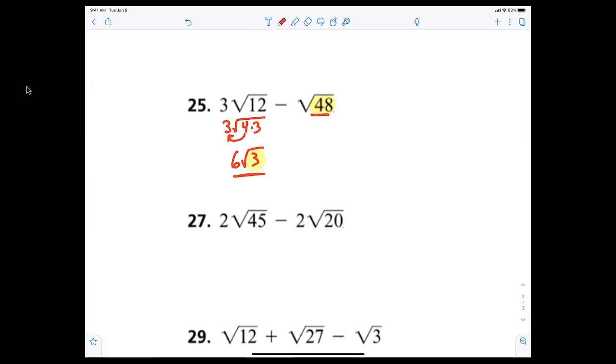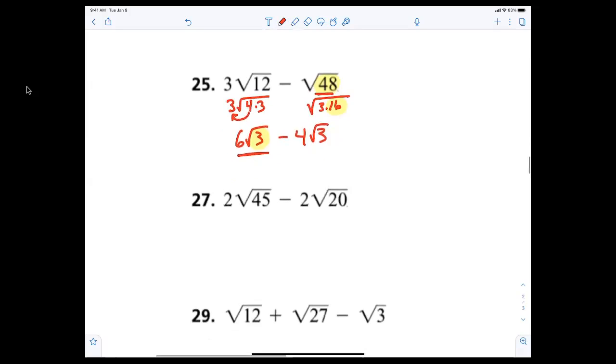What's 48 break down to? 3 times 16, yes, beautiful. So what's the square root of 16? 4. So that's minus 4 radical 3. Beautiful. 2 radical 3.